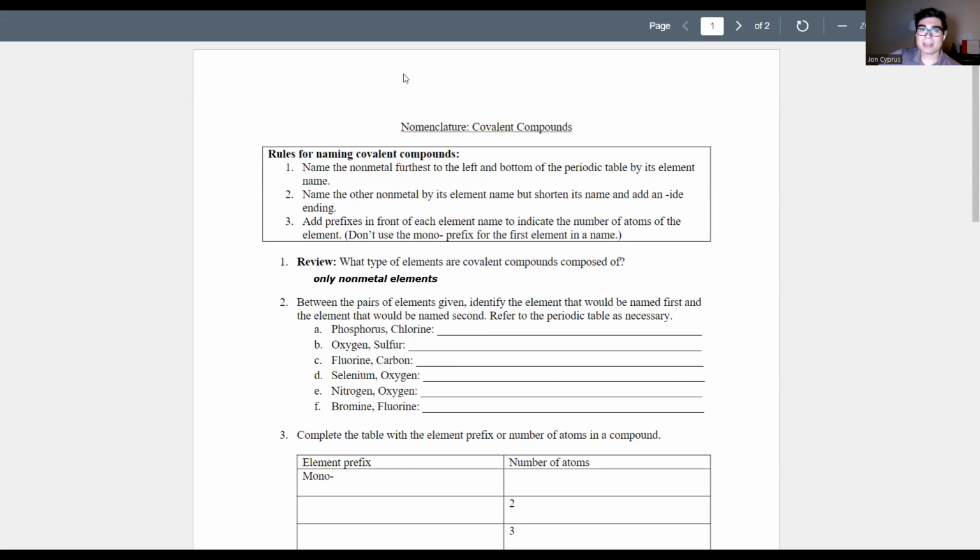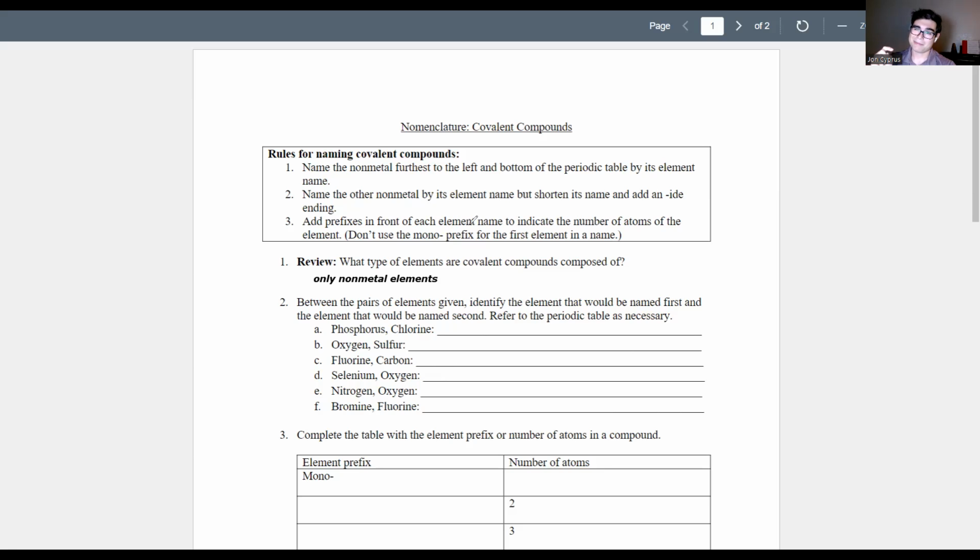Two, it says between the pairs of elements given, identify the element that would be named first and the element that would be named second. Refer to the periodic table as necessary. So using the periodic table and the rule they gave us, you have to go farthest to the left first and bottom.